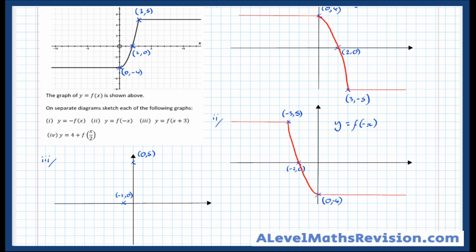And what was 0, minus 4 now becomes minus 3, minus 4, like that. Okay, so the curve will now just look like this.